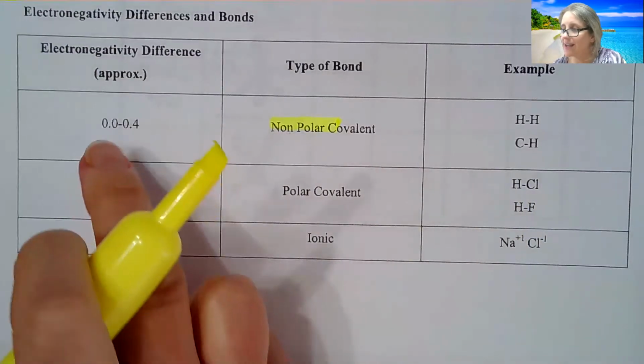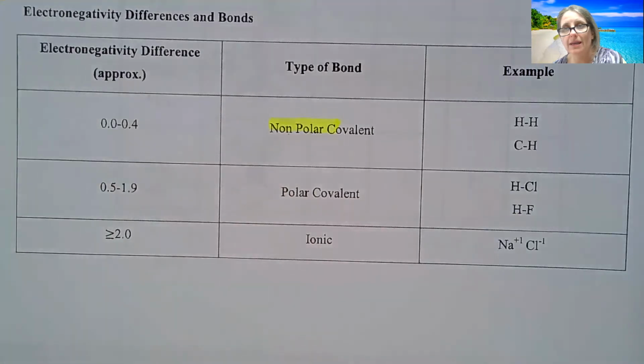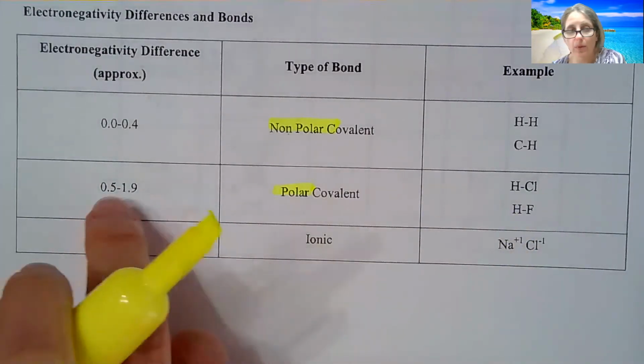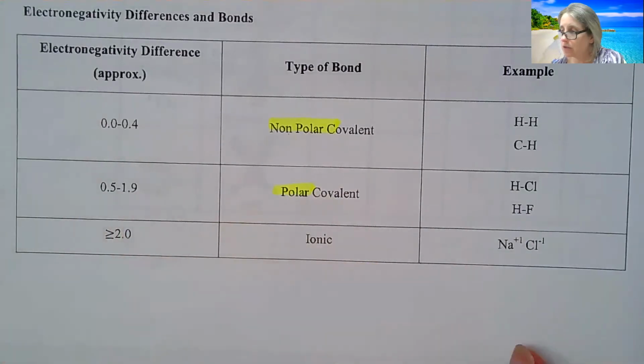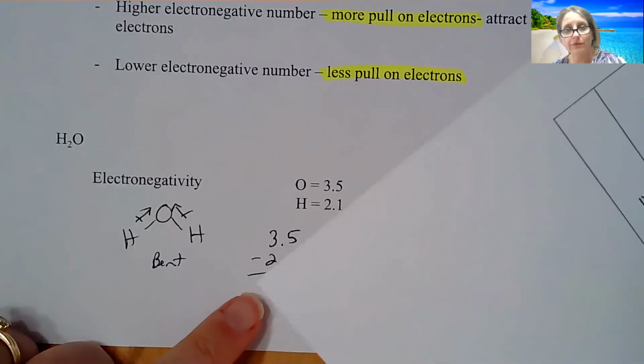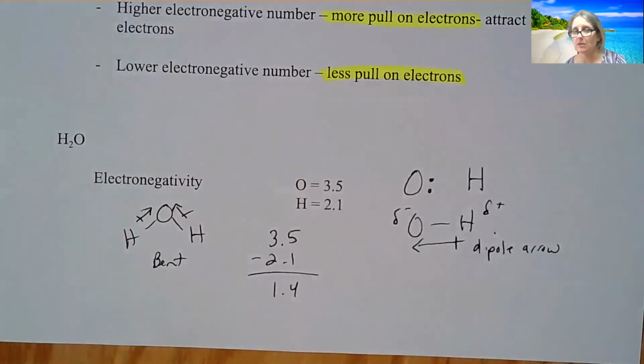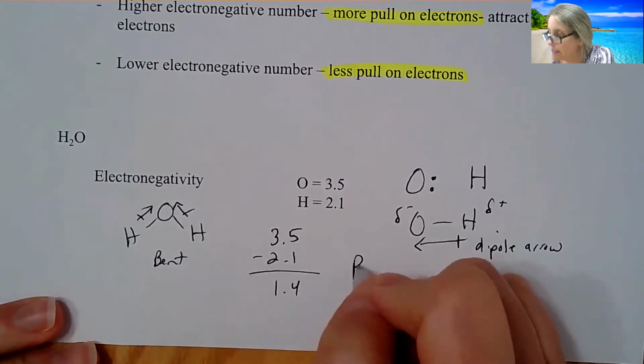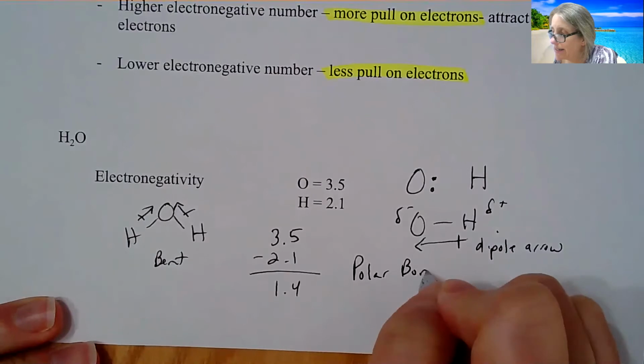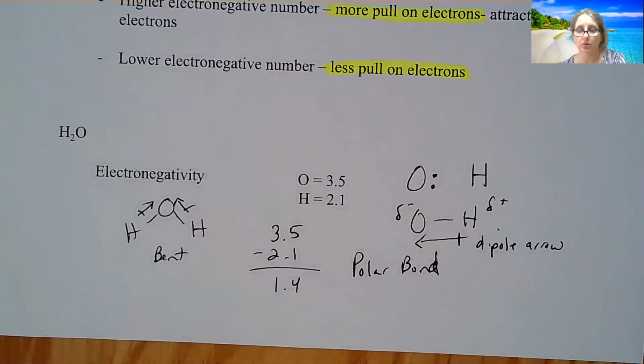Even though you have some difference between the two, there's probably not going to be that big of a difference. If it is between 0.5 and 1.9, it's going to be considered polar. So since this is 1.4, we are going to consider this to be a polar bond. So we're going to say that the bond between oxygen and hydrogen is a polar bond.